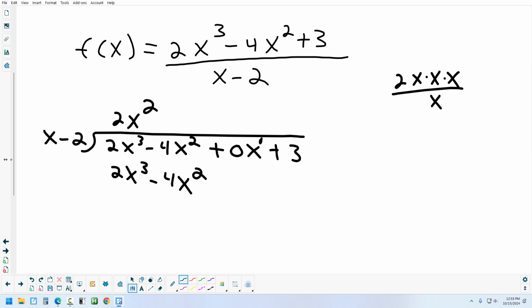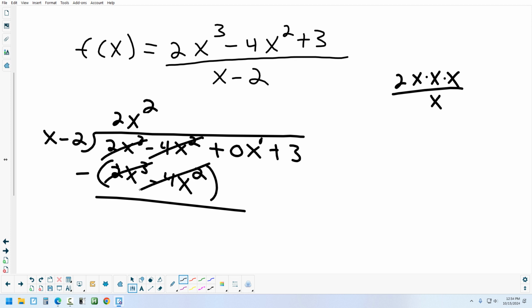Does anyone remember what we do with the columns? Subtract them. So we have 2x cubed minus 2x cubed, 0. Negative 4x squared minus negative 4x squared becomes negative 4x squared plus 4x squared. Is that 0? So that cancels out as well.